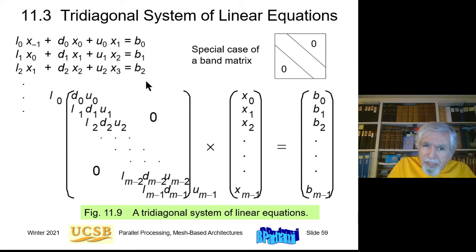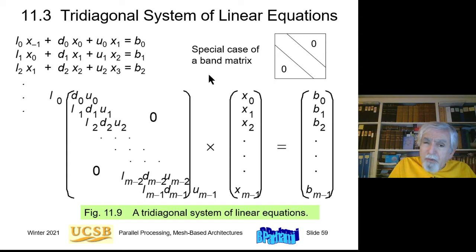Everything else in the matrix is 0, although some of these may also be 0. So this is called the tri-diagonal matrix. There are 3 diagonals that hold all the non-zero elements. This coefficient matrix multiplied by the vector of unknowns gives you the right-hand sides.